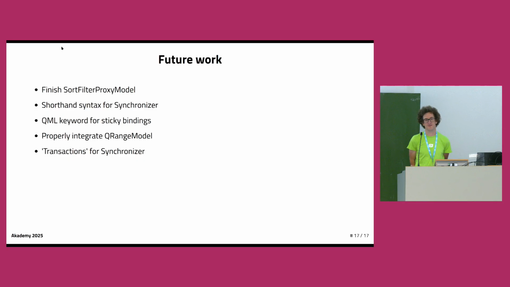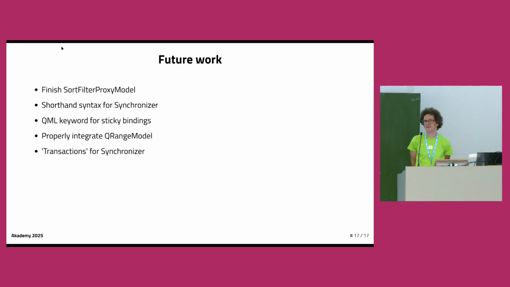And what I also want to do in the future is to have some kind of shorthand syntax for Synchronizer, like some spaceship operator or something like that that says, just make those two properties the same, not Synchronizer element, but aliases, etc. So let's see if I can find something nice there. Same thing for making those sticky bindings that I've invented for required properties accessible to users would also be nice.